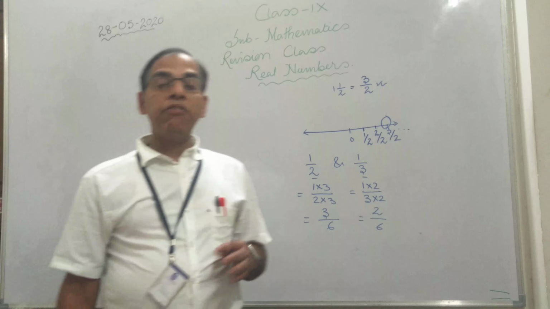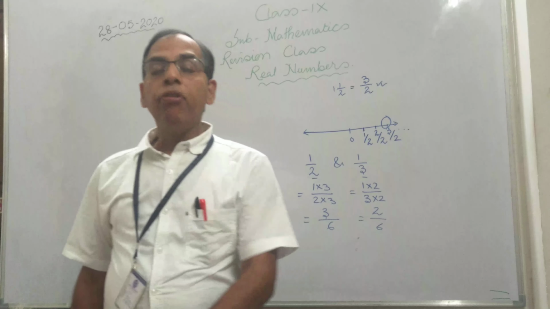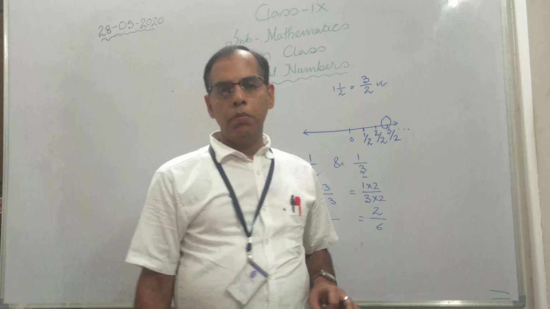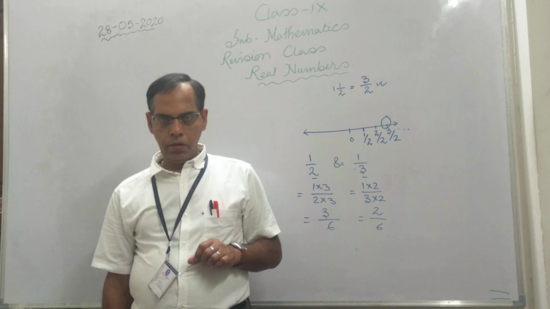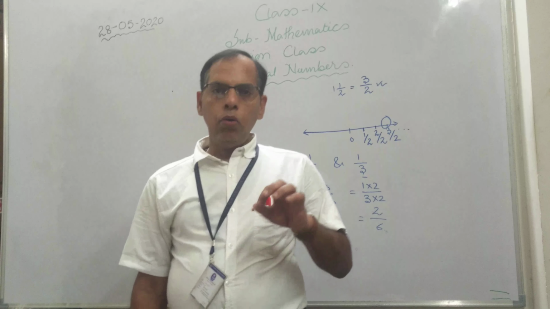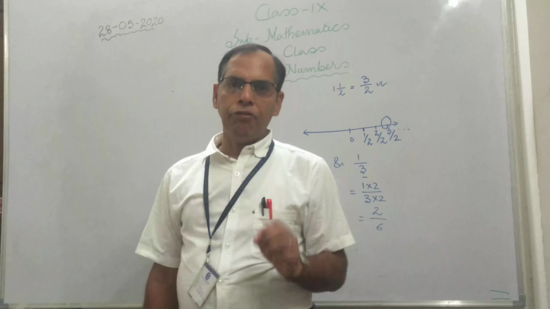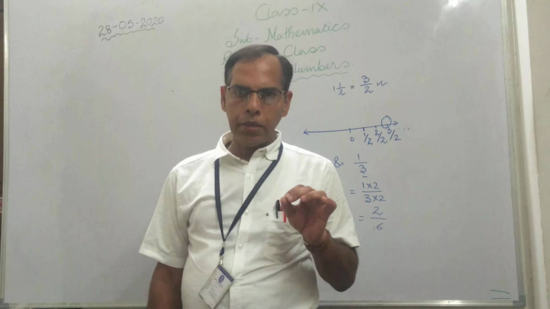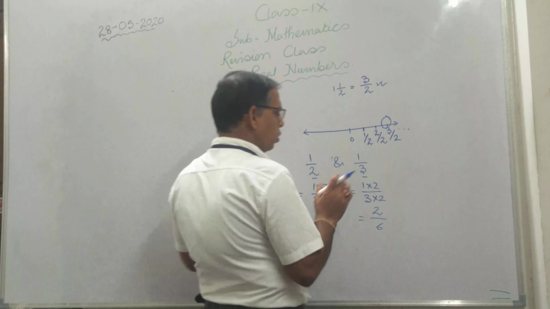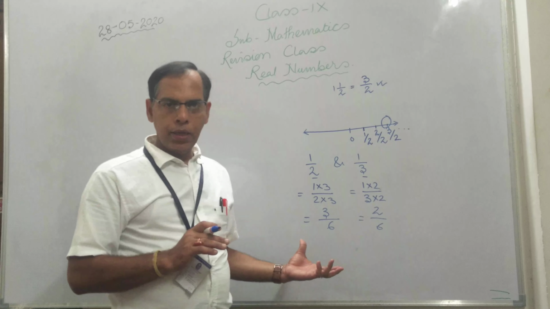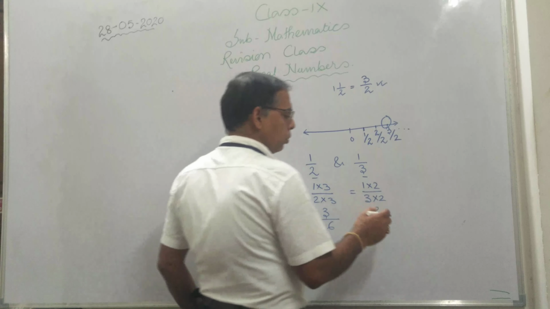Now, suppose I ask you to find 5 rational numbers between 1 by 2 and 1 by 3. Then how can you take out exactly 5 numbers? First of all you have to equalize, so we have equalized. Then you have to see the difference of the numerators.